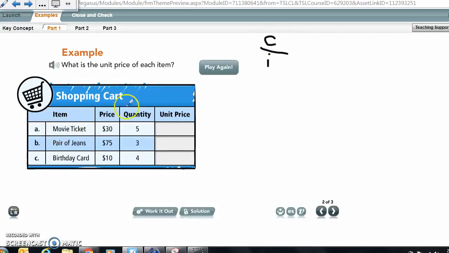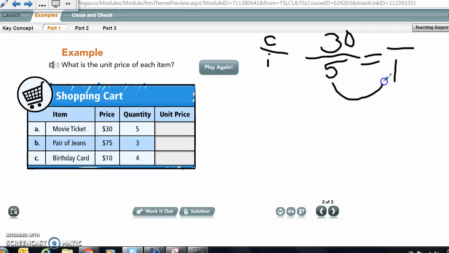And if a movie ticket was $30 for 5, so 30 over 5 because it was $30 for 5 tickets, I need to figure out for the unit price how much one ticket was. And I put the 1 on the bottom because I need to figure out how much one ticket is, not how much $1 is. Okay, how much one ticket is. So to get from 5 to 1, I divide by 5.